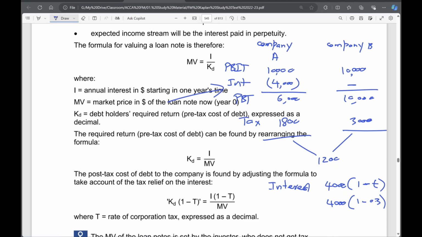How much do you get? 2,800. In that case, how much interest do you pay effectively? You pay 4,000, but you get a benefit of 1,200. Effectively, the company pays 2,800, but the investor receives 4,000. That means because of this tax saving, the required return of the bondholder is not the same as the cost to us. Our cost is much cheaper than that.